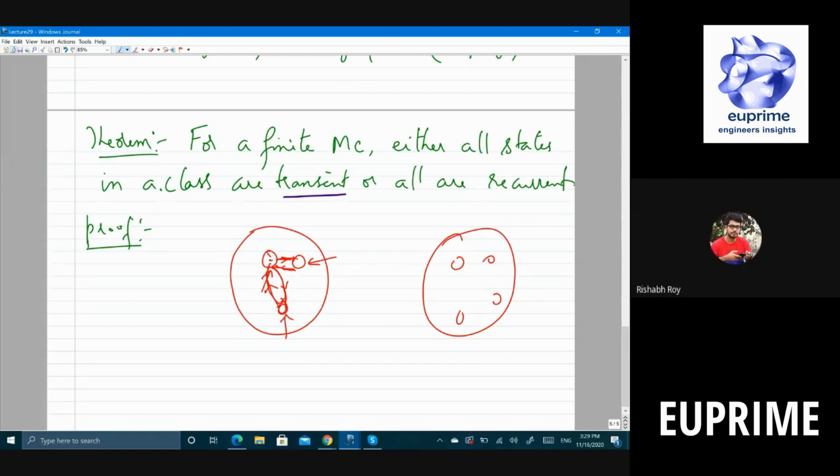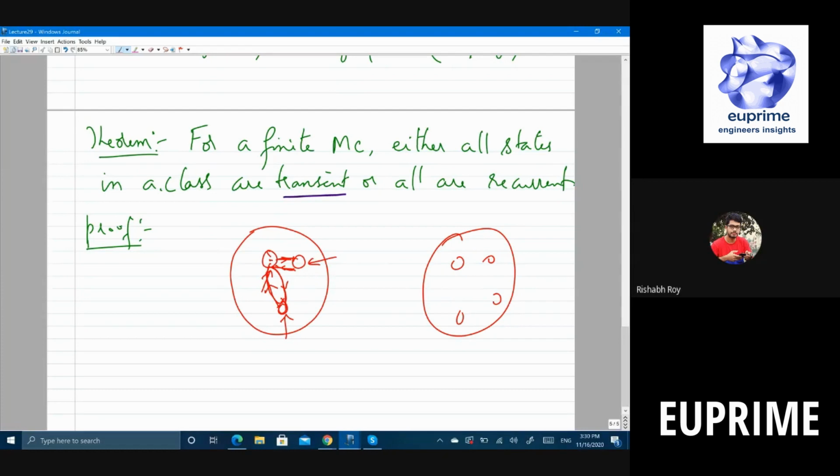Sir, can there be a transient relation present in a class for a state? What do you mean by that? See, on the left side there is a class, which you have drawn. So you're basically saying, if I have a Markov chain, can I break this into a set of all transient and a set of all recurrent? Is that what you're saying? Sir, not exactly.